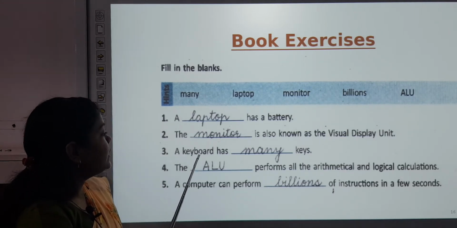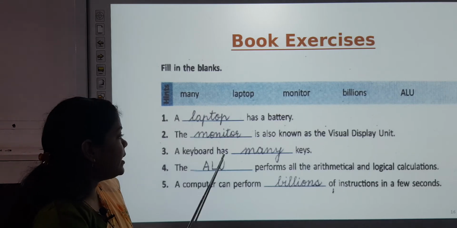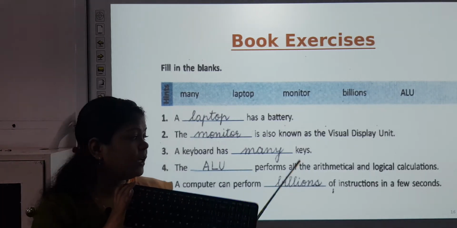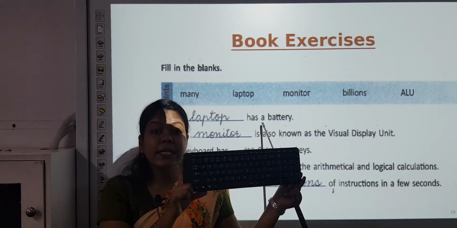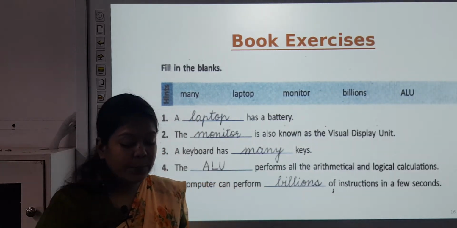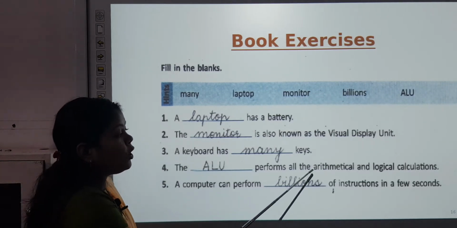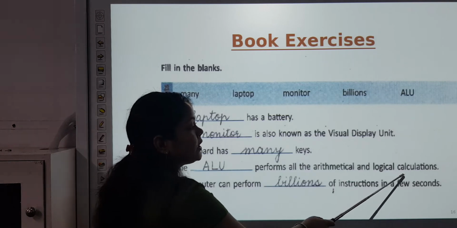Next, A keyboard has dash keys. You have all seen the keyboard. This keyboard has many keys. So your answer is many. Next, the dash performs all the arithmetical and logical calculation.